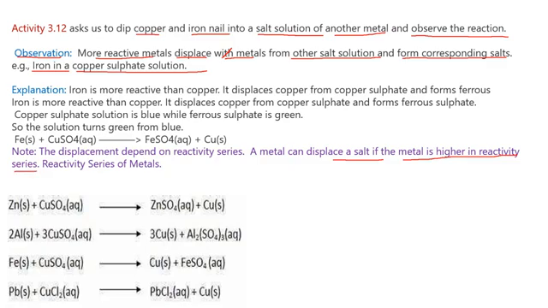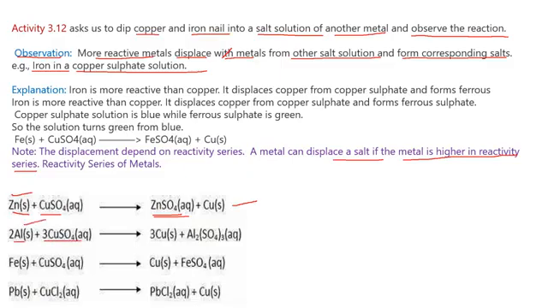Zinc plus copper sulfate: because zinc is more reactive than copper, copper will be displaced by zinc, and we will get ZnSO4, a salt of zinc, and copper will be deposited in the form of particles, right? Then aluminum also is more reactive than copper, so copper will be replaced by aluminum.